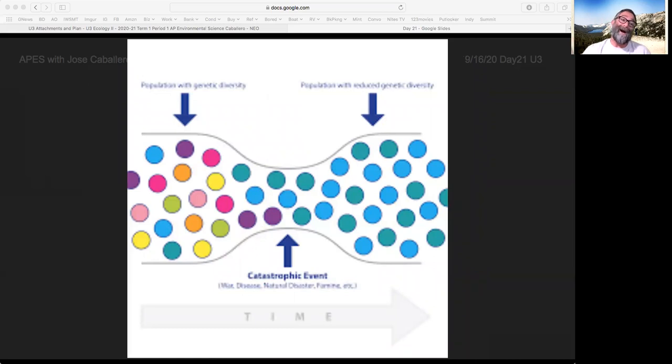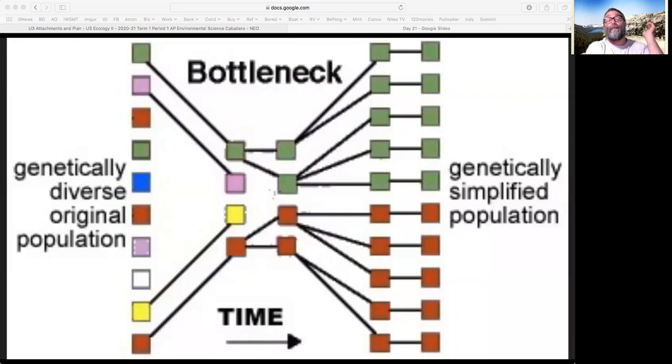Here's another one. Population with high genetic diversity on the left of your screen. Some kind of catastrophic event cuts off a whole bunch of individuals, and the only ones left represent only a few of those genetic varieties. Here's another picture of the same thing.